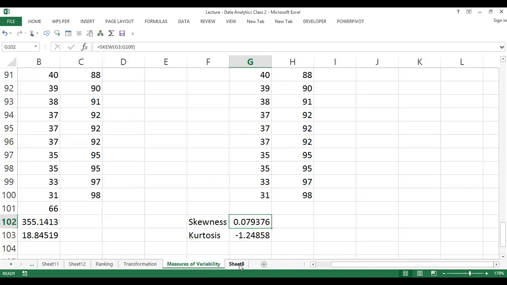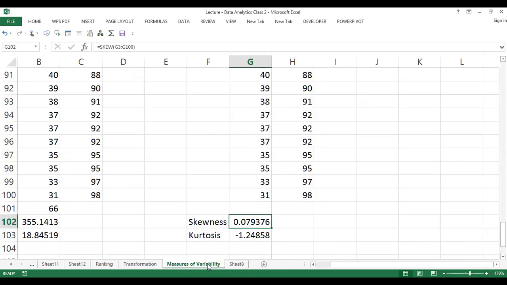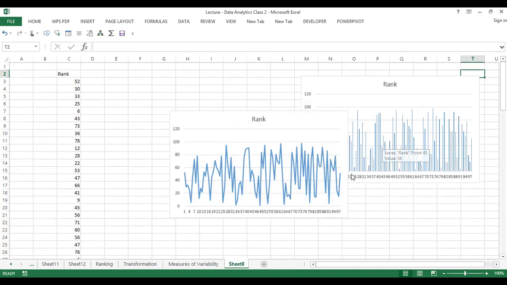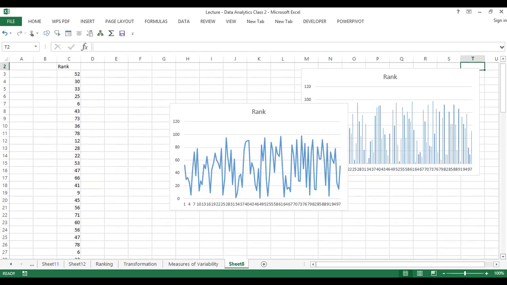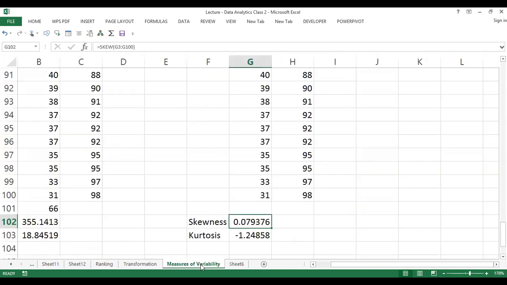For example, let's say, for instance, now, from here, I can access what's here. I can access it. Okay.